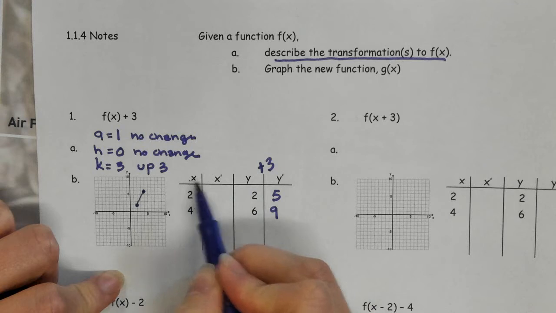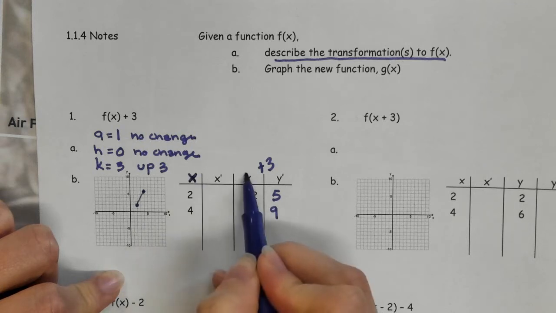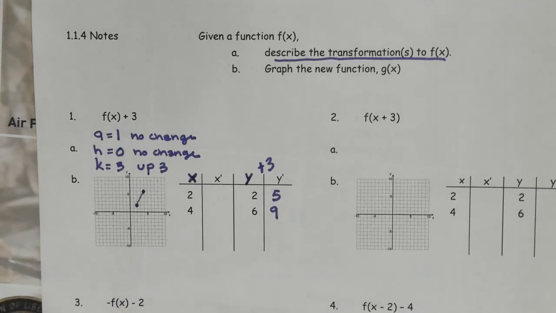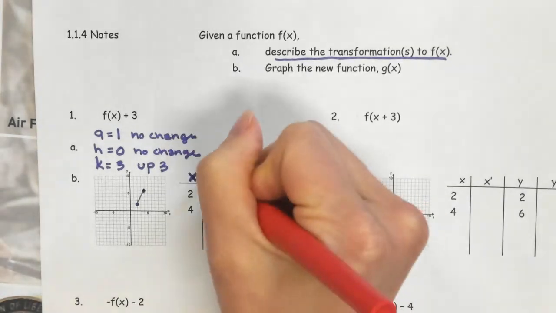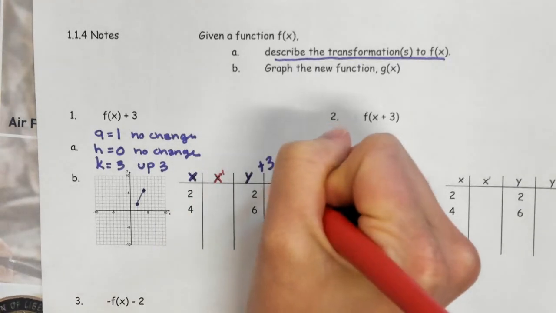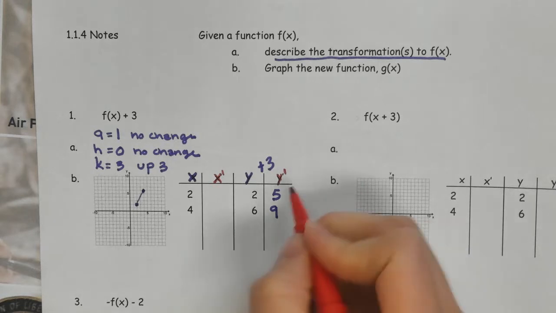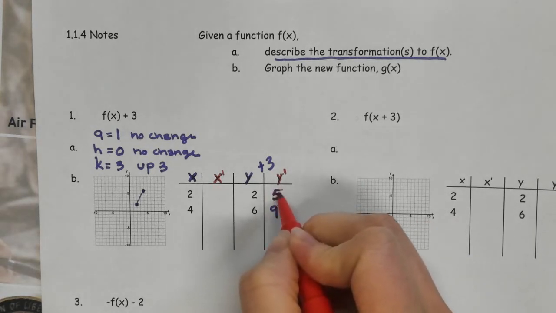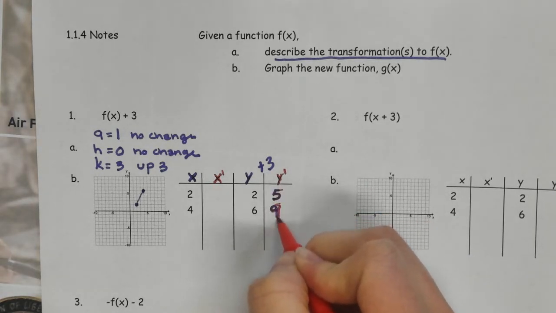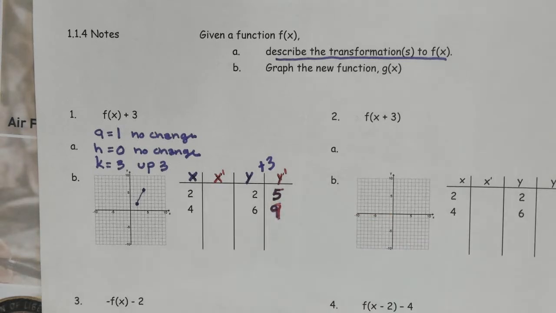X and Y are your original values. The X prime and Y prime, that's how you mathematically say that, is X prime and Y prime. That's going to be your new value. So I probably should have done that in a different color here. I'll just write over it with red.